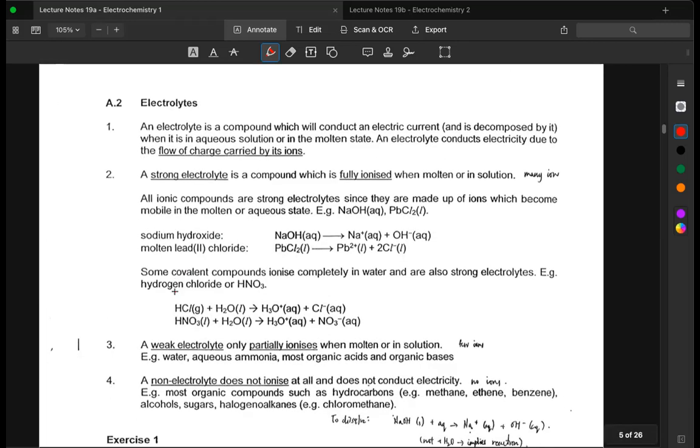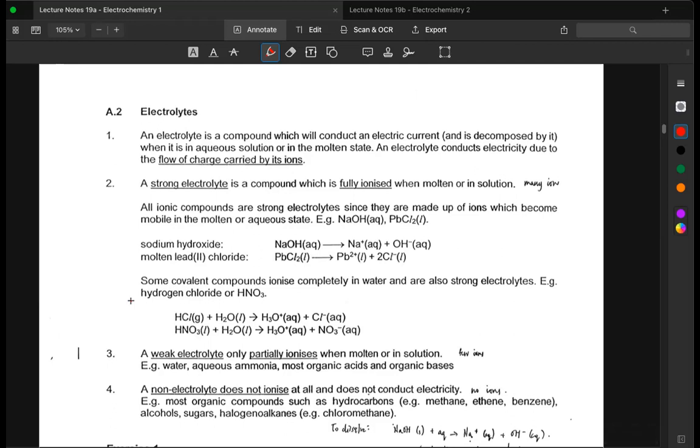So very quickly, we need to go through some of the basic fundamentals of electrochemistry, like what is an electrolyte? Okay, so an electrolyte is a compound. It has to be a compound, made up of different ions. Normally it will be an ionic compound, but not in all cases.